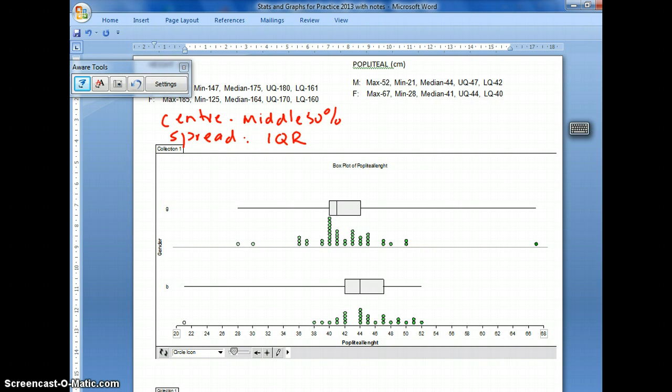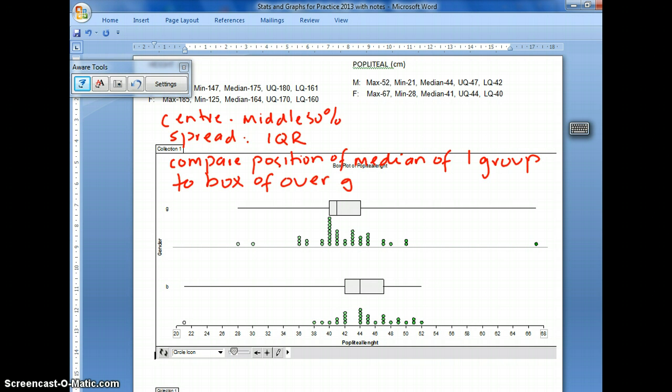And then we want to compare where the medians are so that we can then make the call. So we want to compare the position of the median of one group to the box of the other group.